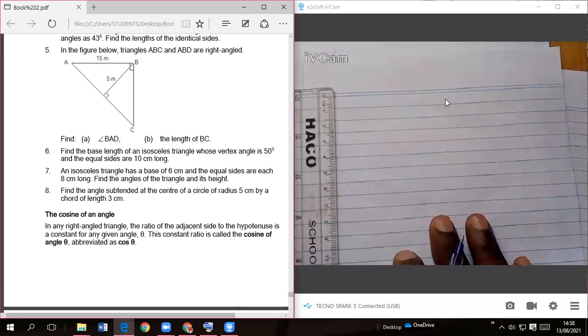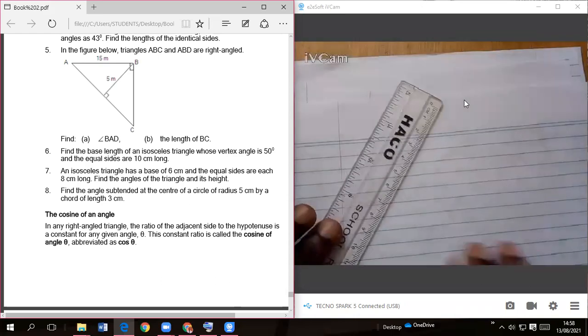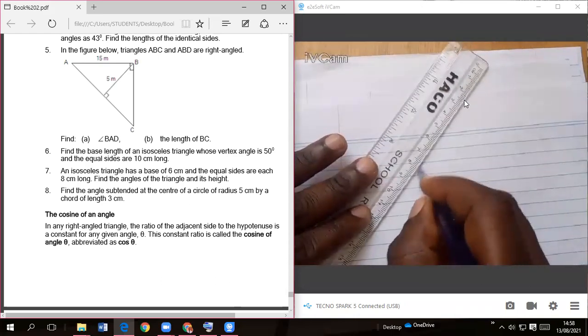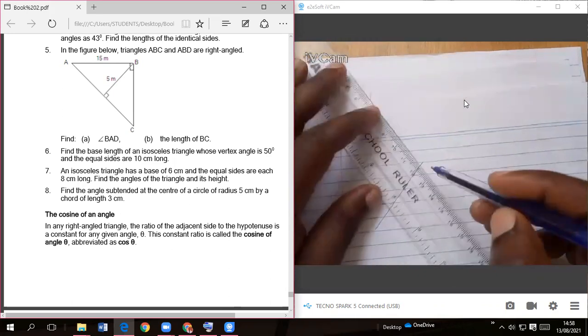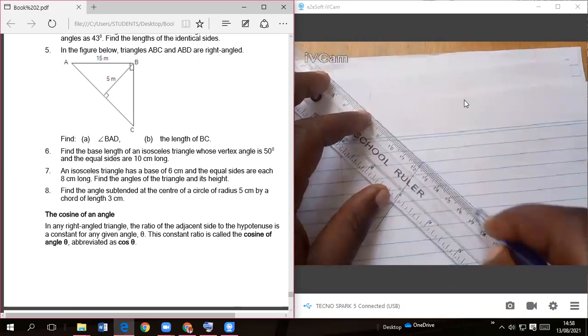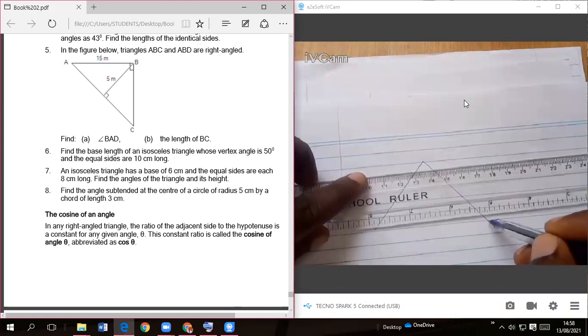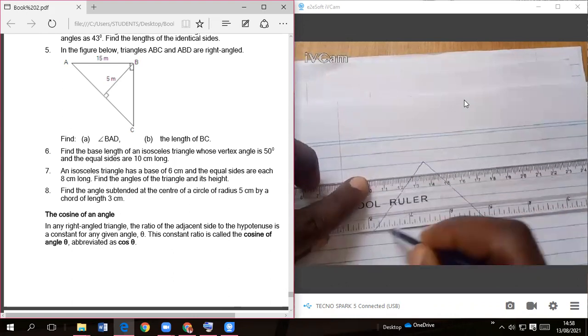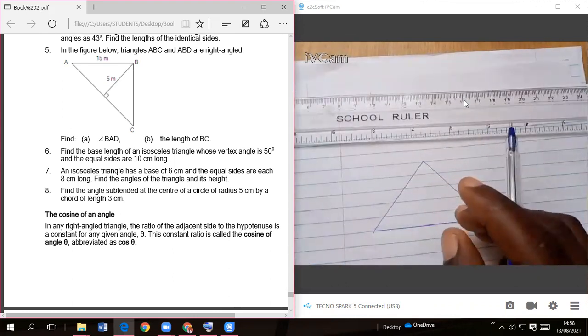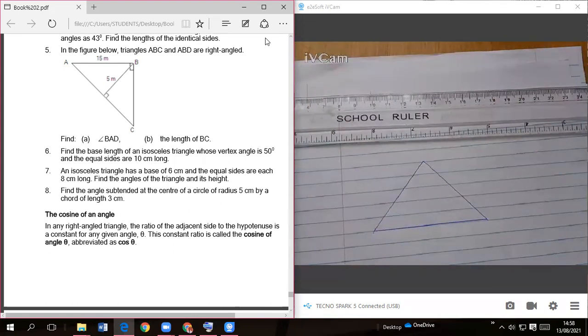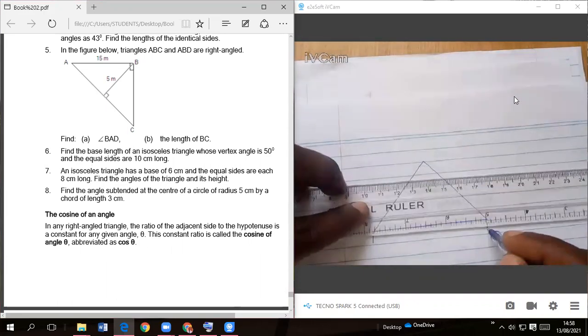Okay. So we have, it is an isosceles triangle. So let me draw an isosceles triangle like that. Both sides are equal like that, and like that. Alright, so the base is 6, from here up to here it is 6 centimeters.